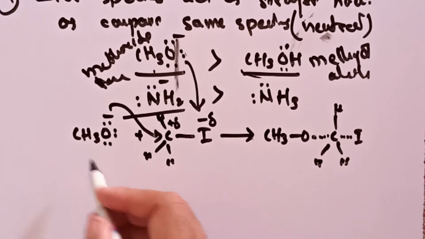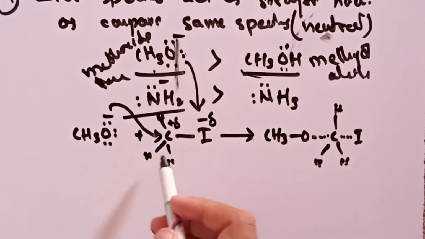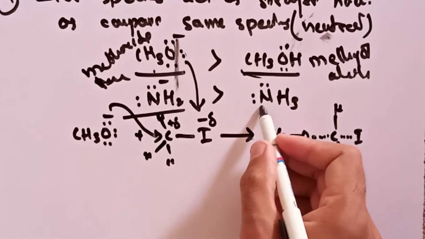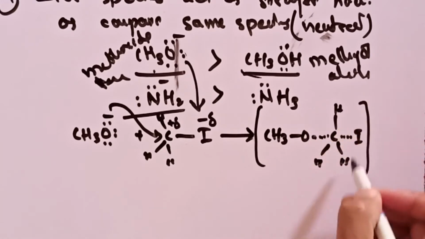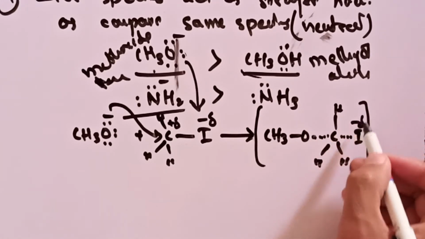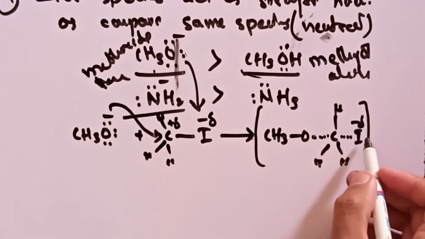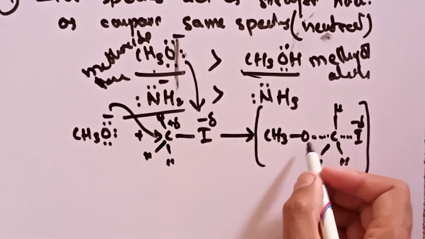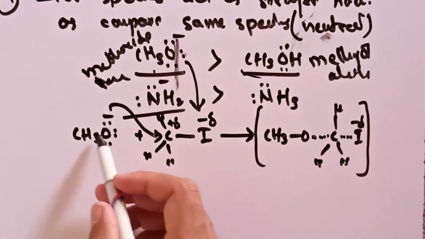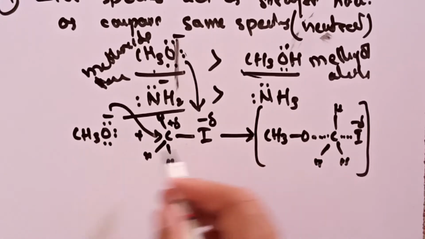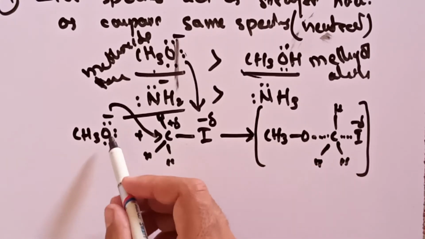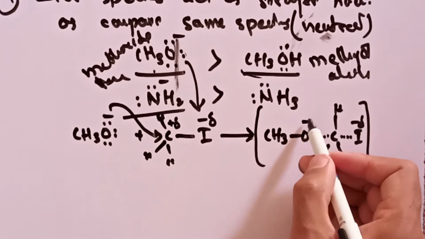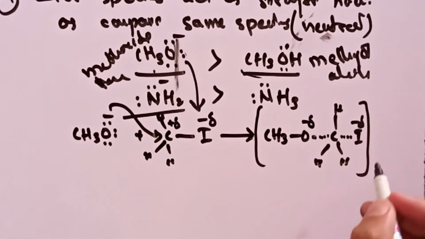So the nucleophile, methoxide, attacks this carbon and forms the transition state. In the transition state, iodine has a partial negative charge because electrons are donated toward the iodine, while methoxide ion already has a negative charge, so half of the electron pair is shared with the carbon, meaning half a bond is formed, and a partial negative charge remains in this case.